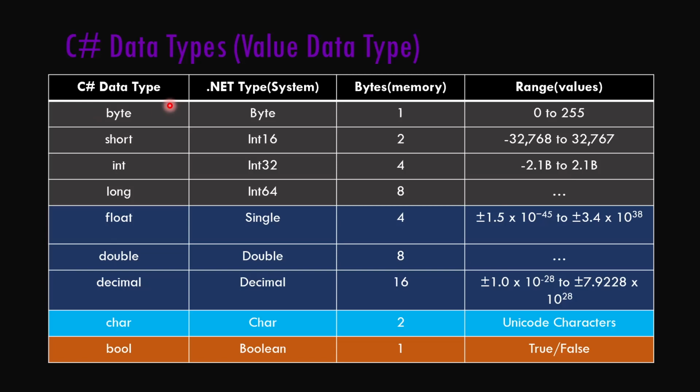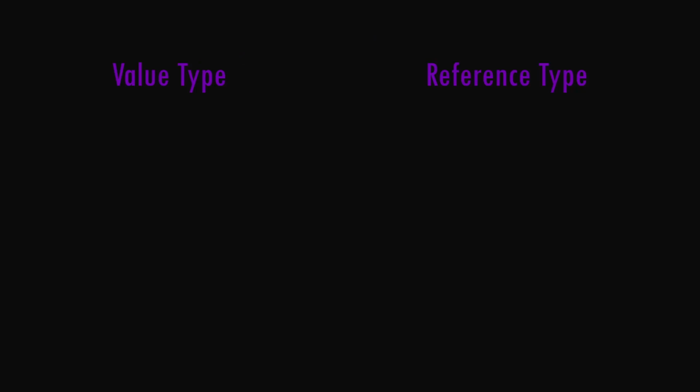I color coded the table here: the integer types and floating point types, character, and boolean, which has only two values, true or false. Value type and reference type.